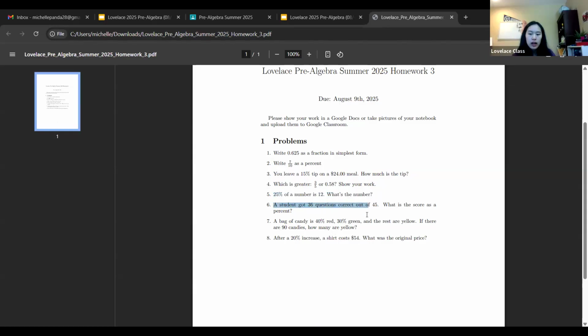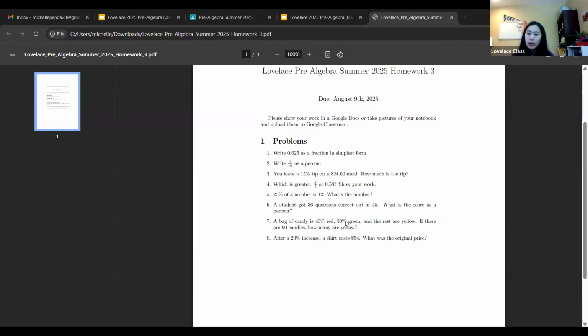And then this one is saying 36 out of 45. What's the percentage? You can simplify that. If we divide by 9, you get 4 over 5, since 36 divided by 9 is 4 and 45 divided by 9 is 5. So that equals 4 over 5, which equals 8 out of 10, which equals 80%. Now for this one, we can see that 40% plus 30% is 70%.